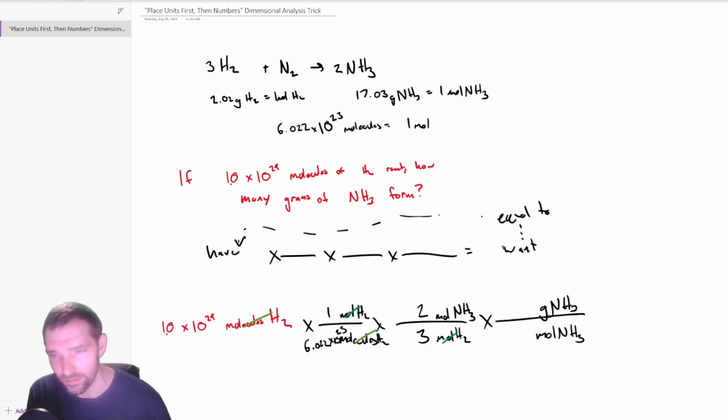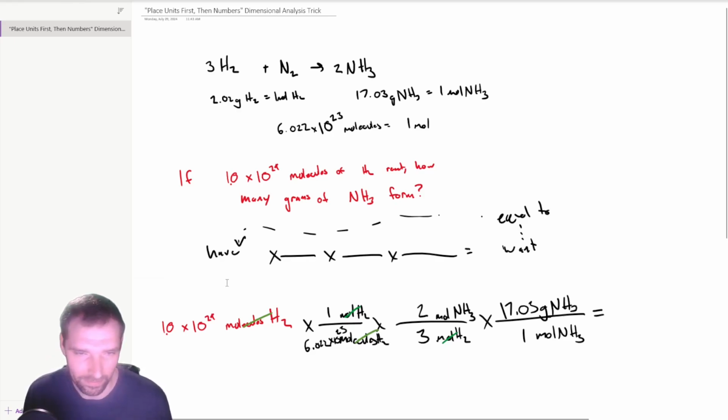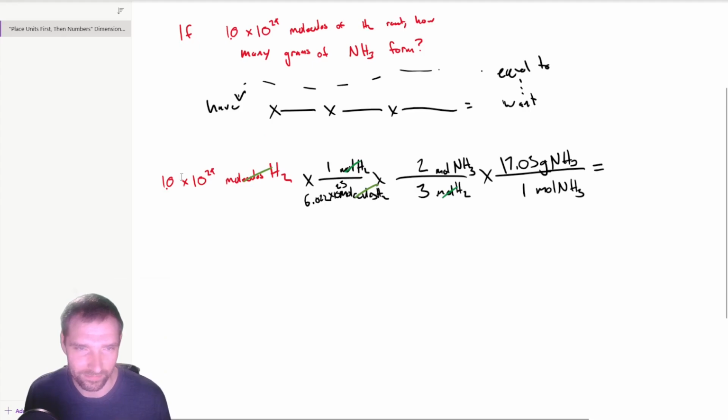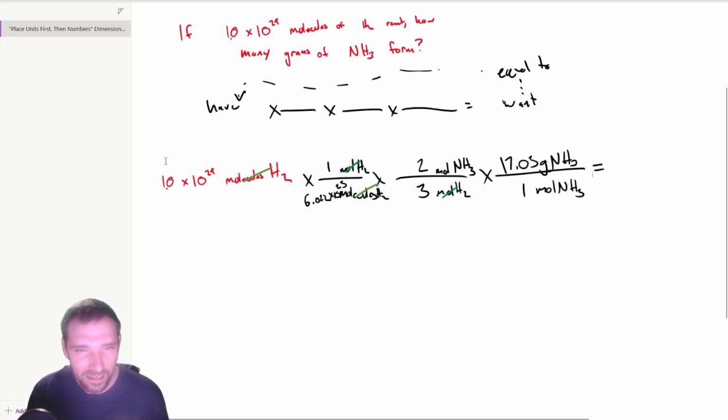And then if we've got 1 mole of this, that would be 17.03 grams of that, which would be equivalent. So then you can do a little bit of math here. I picked a number where there's going to be more than 1 mole of this gas present. So you should be able to just visually look at this and see 1.5-ish times 2/3.